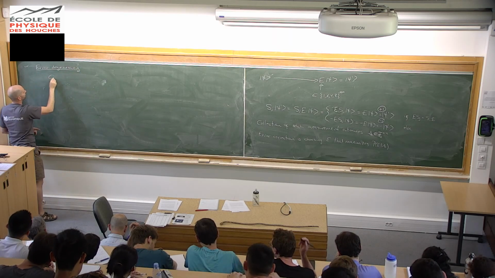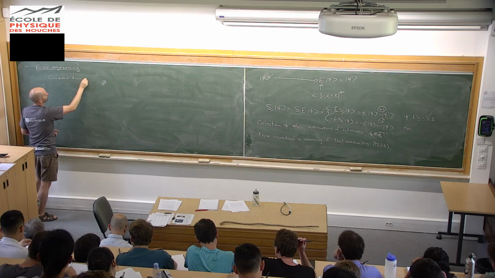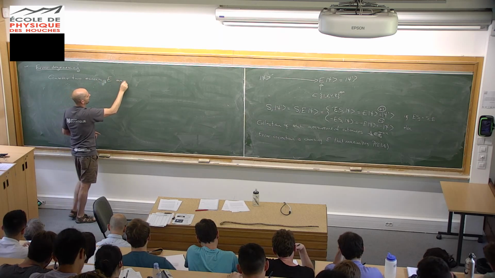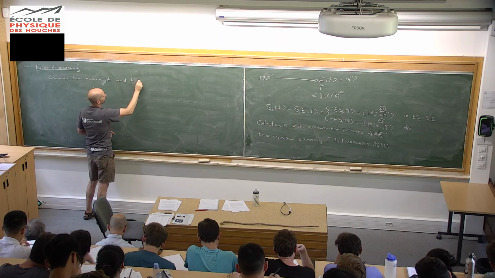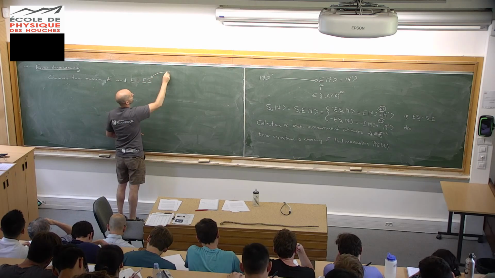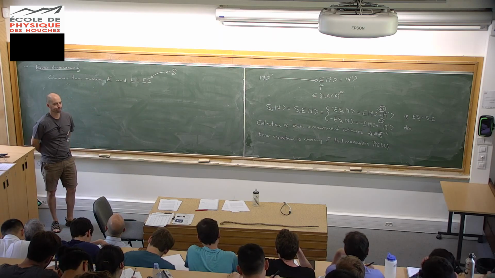Consider two errors, E and E prime equals E times S, and this guy is an element of my stabilizer. Okay?